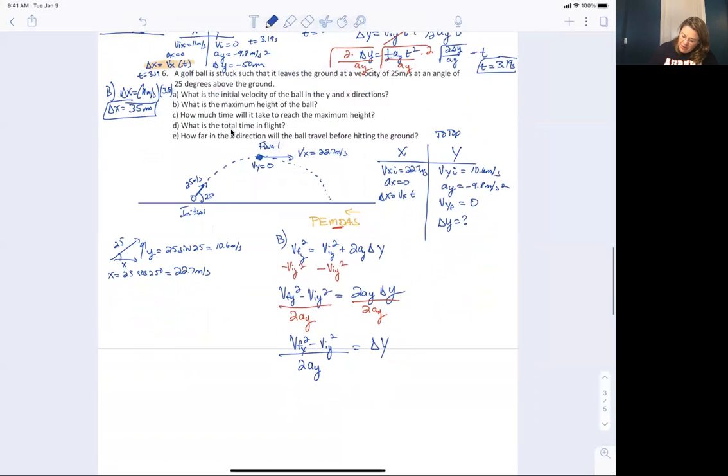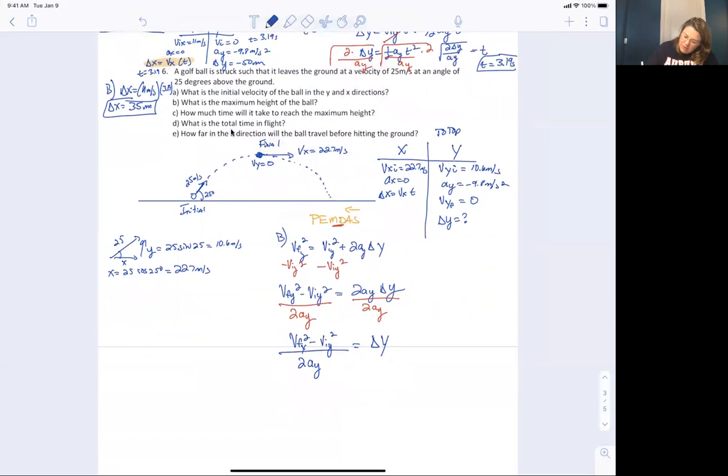Now I plug in all my values. Delta Y equals, what's the final velocity? It's 0 minus, what's the initial velocity? 10.6. I'll square it and I divide by 2 times the acceleration, and I will find the maximum height to be 10.6 squared divided by 2 divided by 9.8.